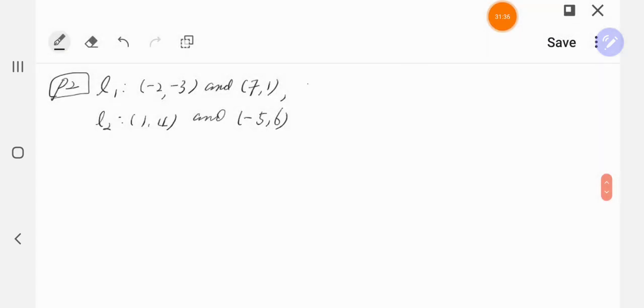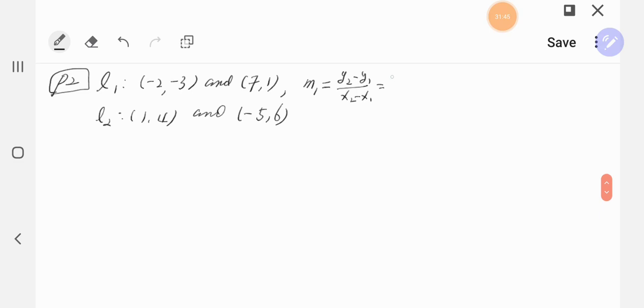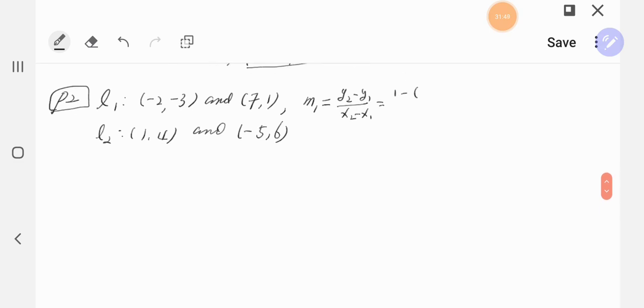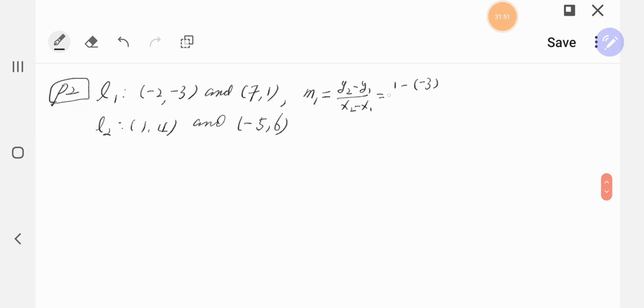Okay, so from here, let's find the slope of the first line. y2 minus y1 over x2 minus x1. y2 is 1 minus y1, which is negative 3. Put parentheses because we want to protect the negative number. And then x2 minus x1: x2 is 7 minus negative 2.